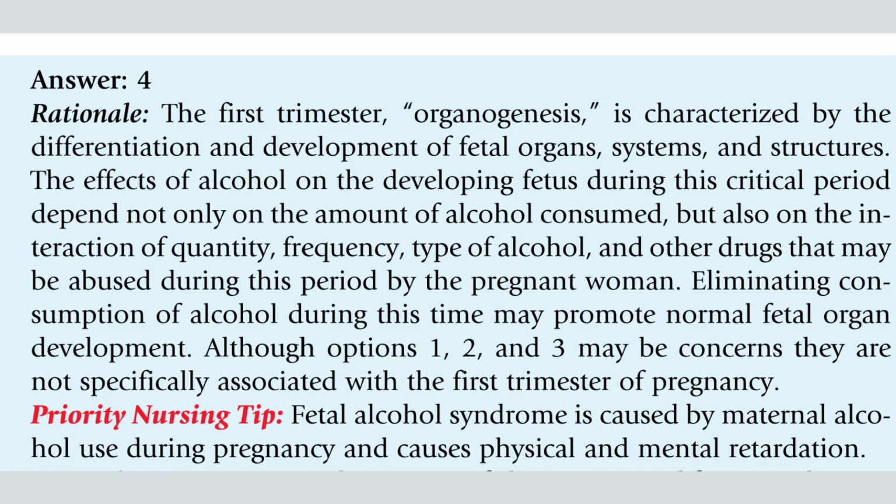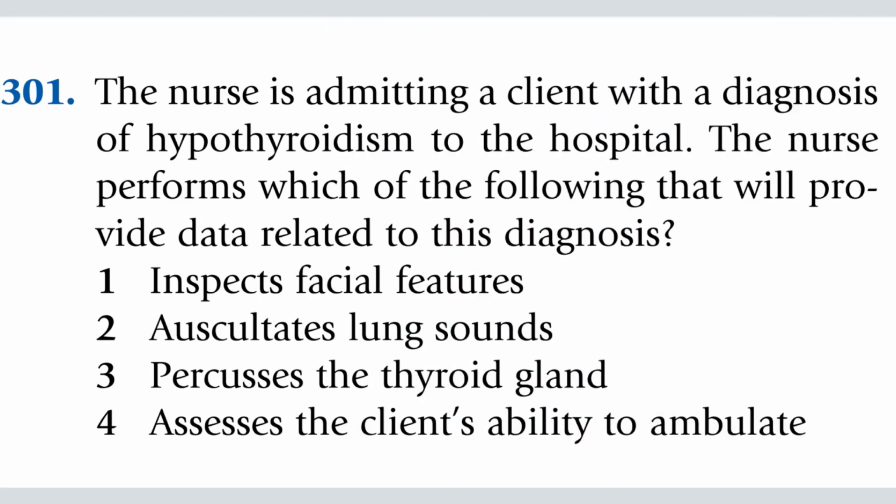Eliminating consumption of alcohol during this time may promote normal fetal organ development. Although options 1, 2, and 3 may be concerns, they are not specifically associated with the first trimester of pregnancy.